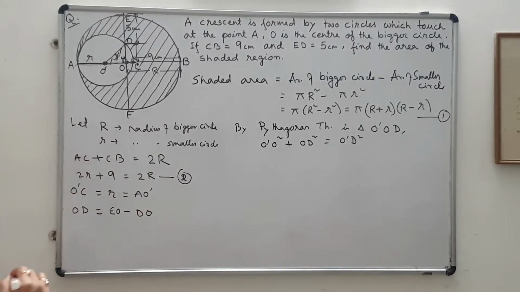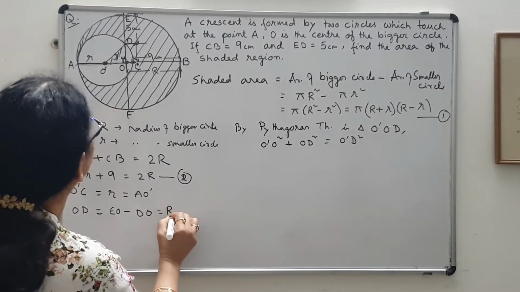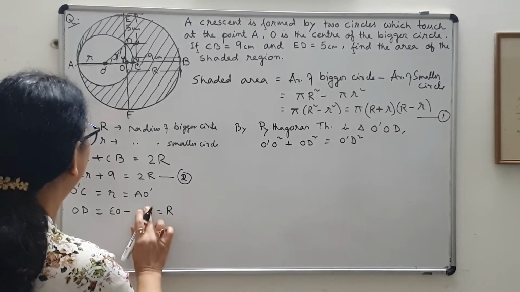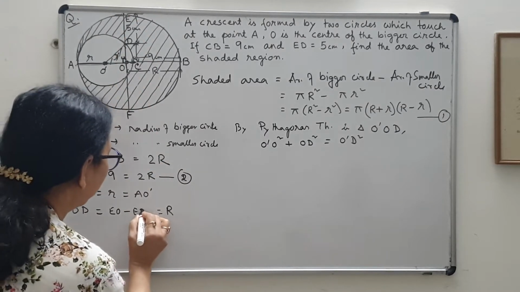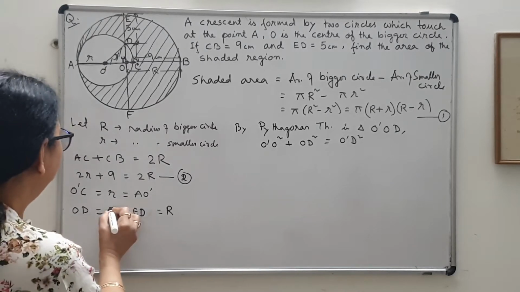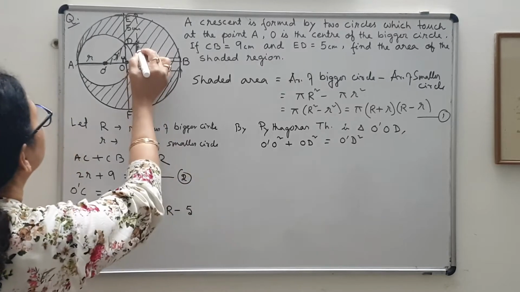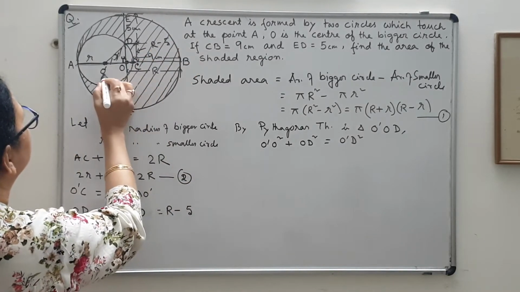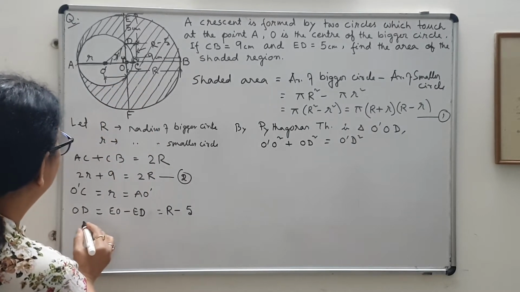It is easy. So what is EO? EO is your capital R, and OD is your ED, you should have observed these things. So ED is your 5, so R minus 5. So this length is your R minus 5, that I got. So if I can find out this length, that is O, where is that?